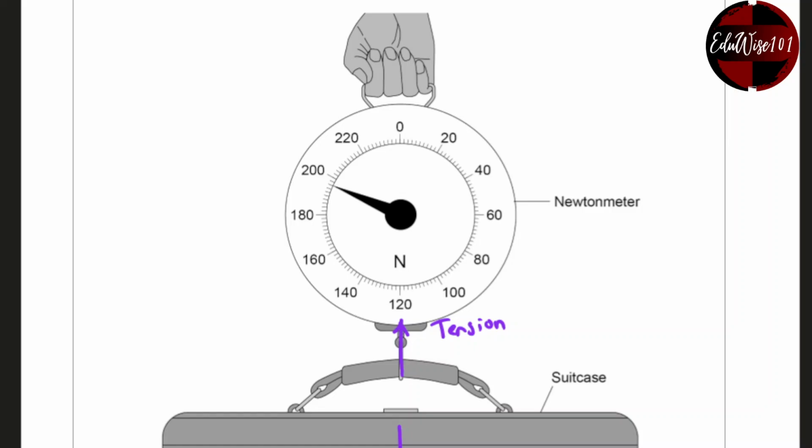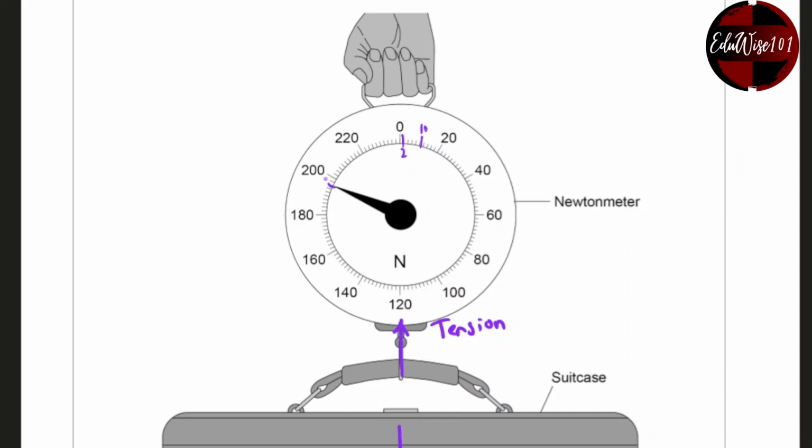So let's count it from 0. So 1, 2, 3, 4, 5. Right? That's 10. So which means that's 2 lines just below 200. So each of those small lines is actually 2.